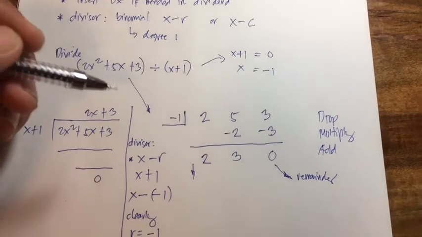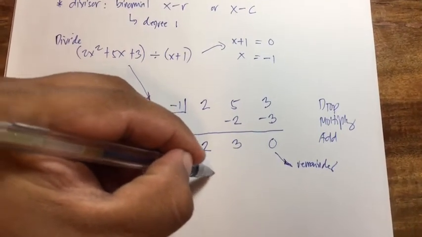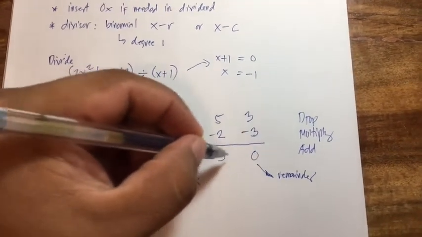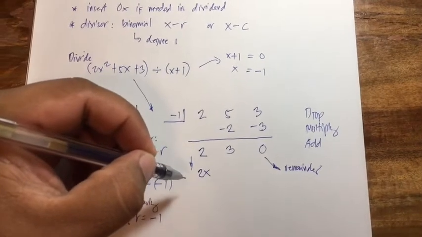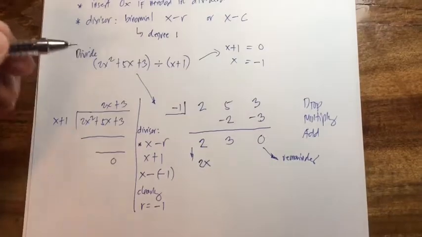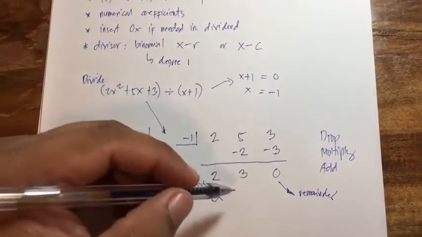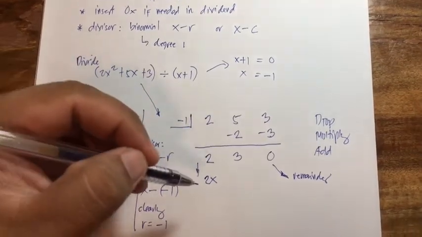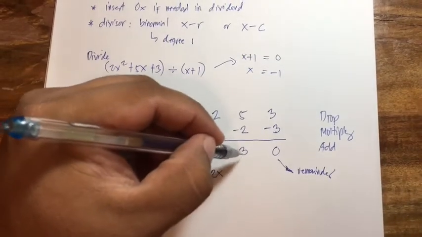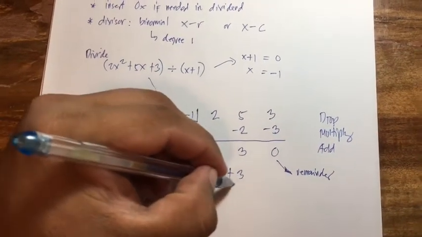Of course, x. Normally, this is our quotient part. In this quotient part, the degree is 1 less than the degree of the polynomial. So we have 2x, then positive 3. This is our quotient.